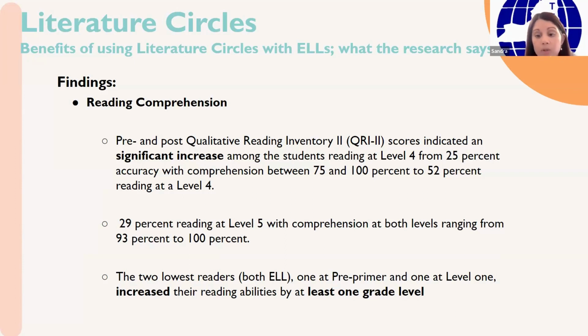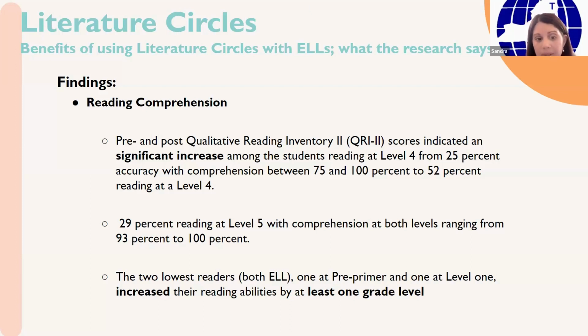Now in terms of the reading comprehension, we see that for the post, they showed a significant increase in this short amount of time, where students that were at a level 4 jumped from a 25% accuracy to a 52%.